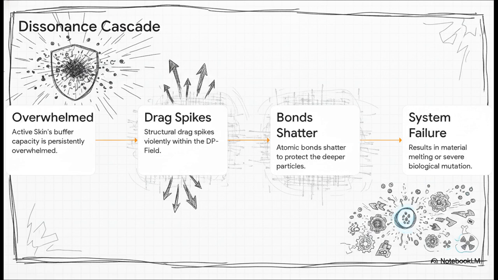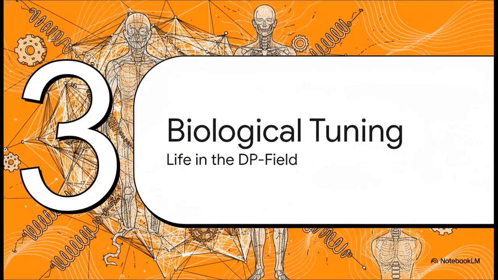Structural drag spikes violently, and to protect the core fundamental particles, the overarching atomic bonds just shatter. On a macro scale, we see this cascading mechanical failure as infrastructure melting, or in living tissue, as severe cellular mutation and radiation sickness.